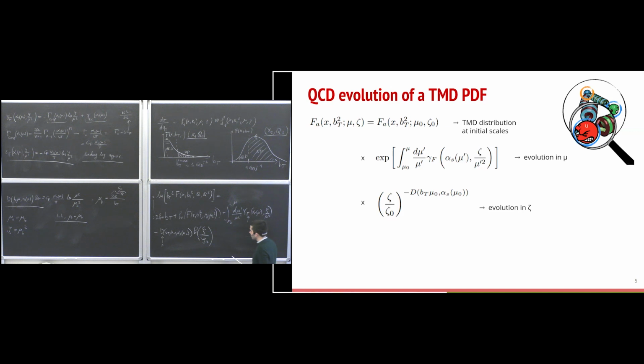And also we fix zeta 0 as mu b squared, and mu squared equals zeta equal q squared. So the final scales, let's call them q and q squared. So this was the initial. Mu here is q.